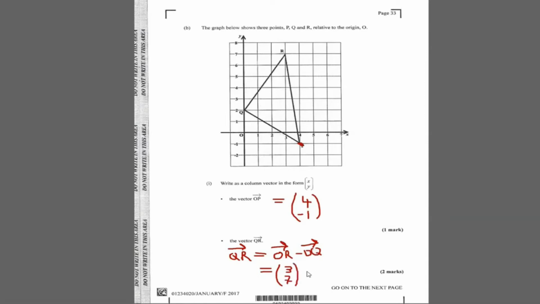So it's (3, 7) minus (0, 2). And so 3 minus 0 is 3, and then 7 minus 2 is 5. So vector QR is (3, 5). That's so easy. Nice. So vector QR is (3, 5).